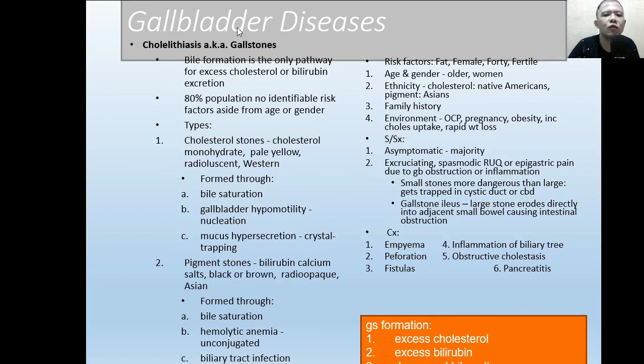You have two routes: either you have excessive supply of bile, or you have decreased output, decreased emptying of bile. So you have two types: cholesterol stones and pigment stones.